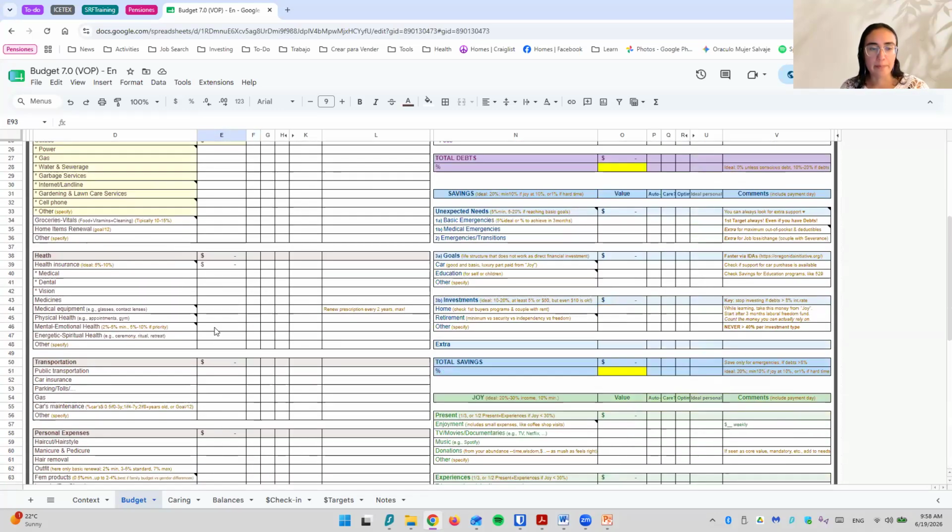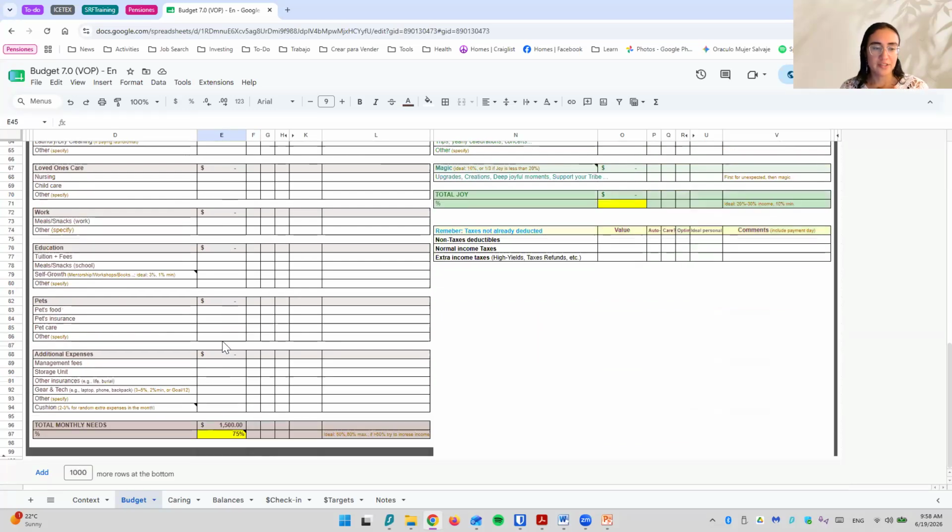For instance, if I am paying for a gym, maybe I can find a cheaper gym that doesn't lose the quality of my training, or work out at home as I do. Or, it happened to me, instead of registering for new self-growth trainings, I had some pending to check, or some books I still needed to put into practice.